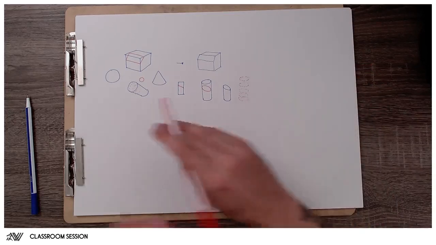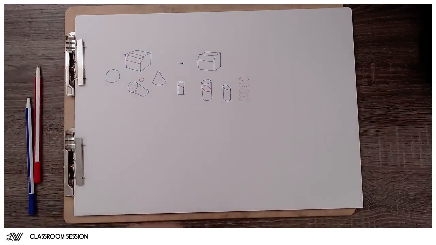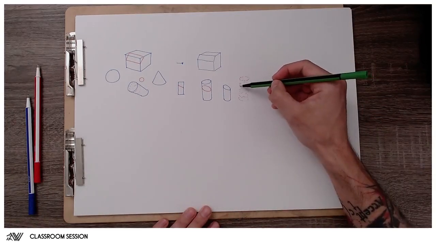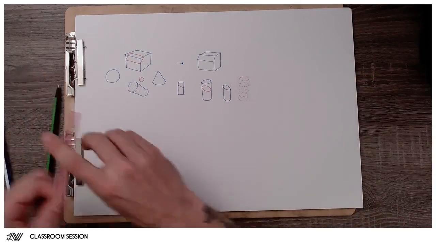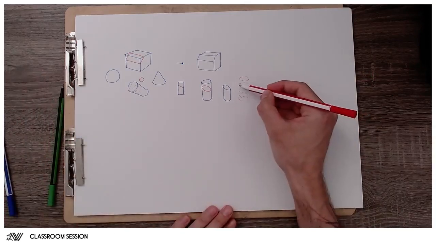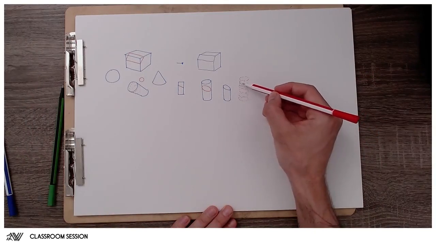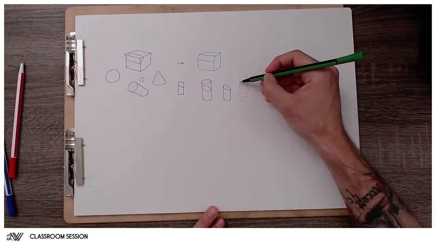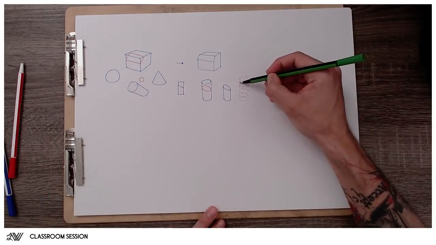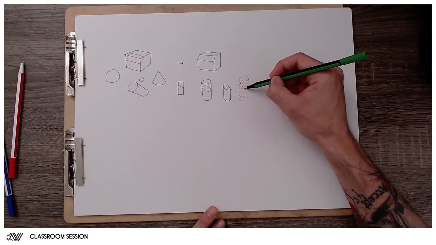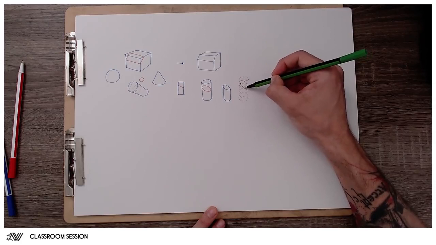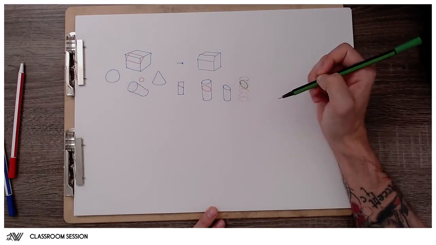I'm going to use another color. We are manipulating it on different parts of the contour, so I'm going to draw some extra dotted lines here and here. So I'm basically cutting through all of these cross sections to come up with a new one.